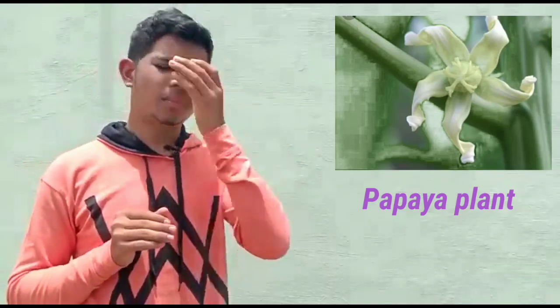Next, the significance of xenogamy. The main significance is that it brings genetic variation, because the pollen grains come from a different plant. The best example for that is the papaya plant.